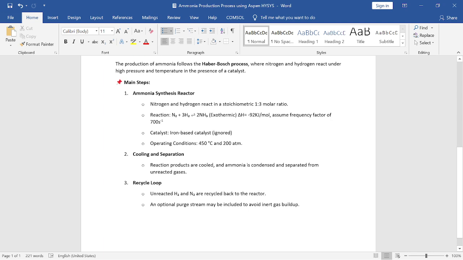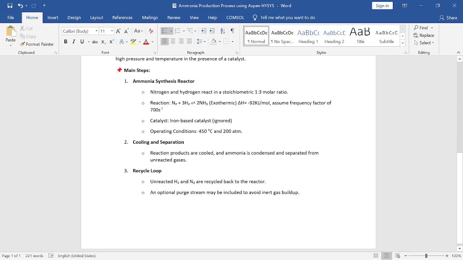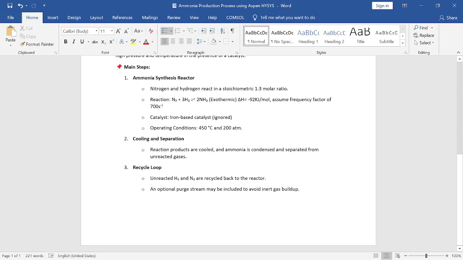So let's go forward. What we have is nitrogen and hydrogen reacting in a stoichiometry of 1:3 mole ratio. This is the reaction taking place: N2 plus 3H2, that's 1 mole of nitrogen reacting with 3 moles of hydrogen to produce 2 moles of ammonia.